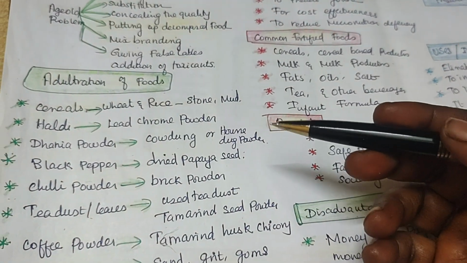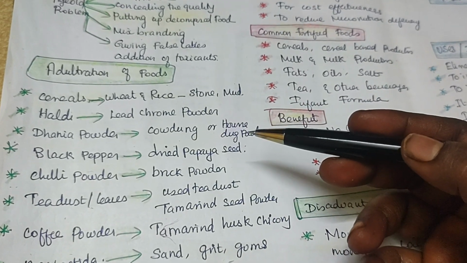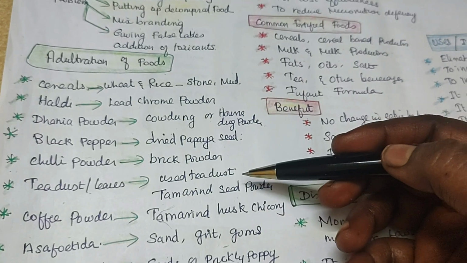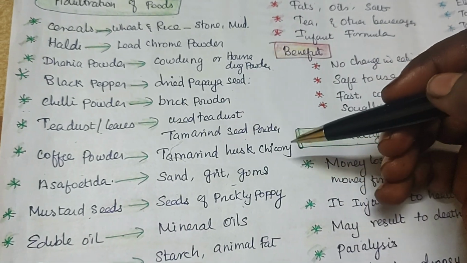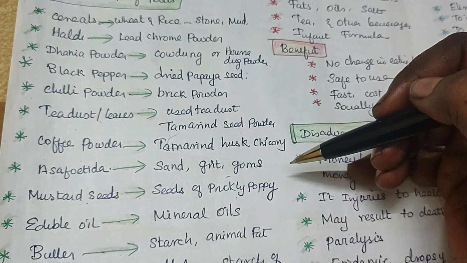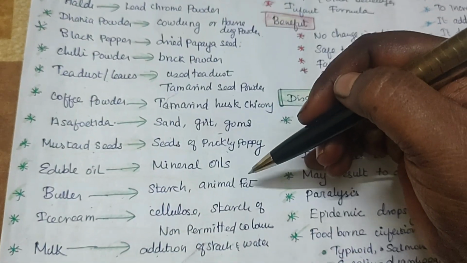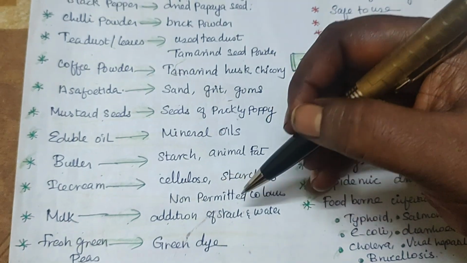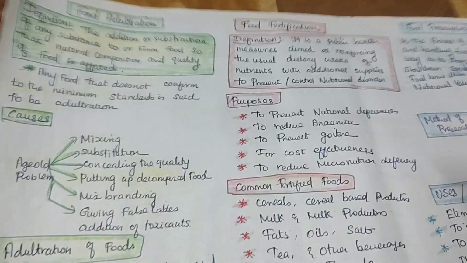If you take cereals, wheat, they are adding some rice and stones; in haldi they are adding lead chromate powder; in dhania they are adding cow dung; in black pepper, dried papaya seed; in chili powder, brick powder; in tea, already used tea dust has been mixed into it; tamarind seed powder is added to coffee powder; tamarind husk powder is added; in asafoetida, sand or grit or gums are added; in mustard seeds, poppy seeds are added; in edible oil they are adding mineral oil; in butter, starch and animal fat; in ice cream, cellulose starch; in milk, adding some water or starch; and then fresh green leaves, green peas, if you take some green dye and put it in water, you could see the color coming out.